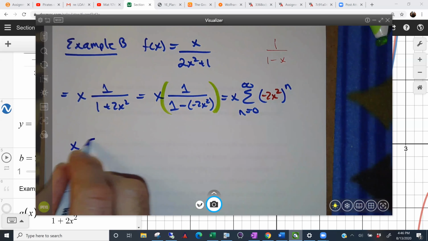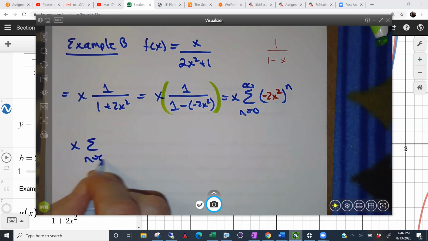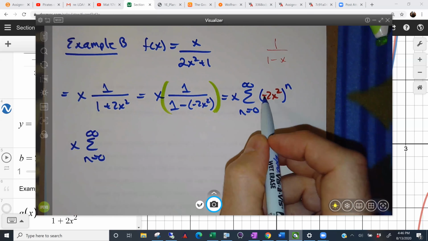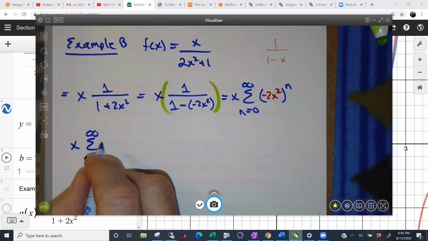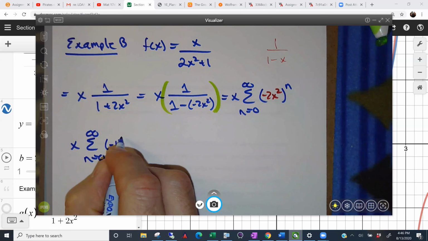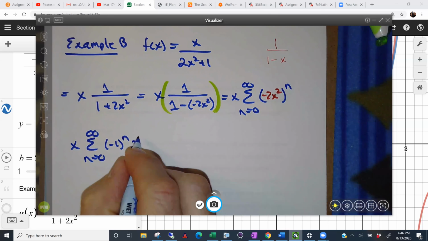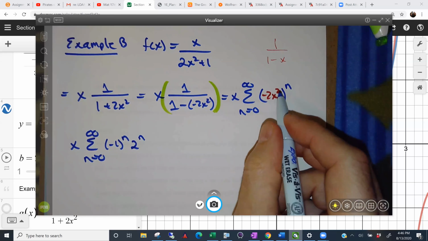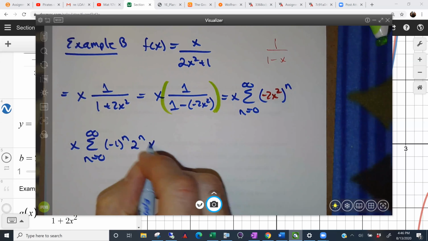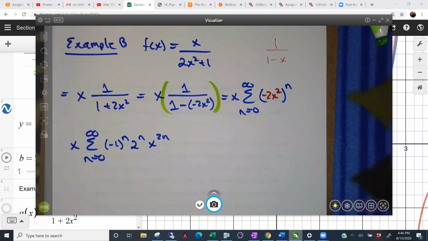I'm not sure it's really cleaning up. n equals 0 to infinity. I've got a negative 1 to the n power, so I'll factor that out. And then a 2 to the n power. And then x to the 2n power. So it's a different way to write that one, and that's fine.